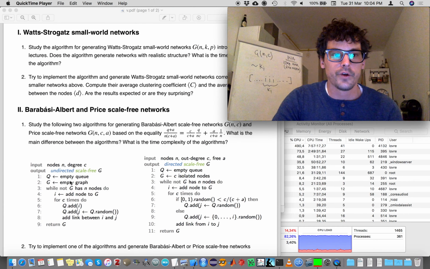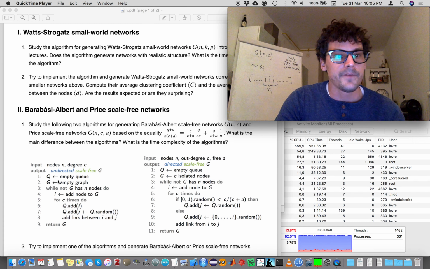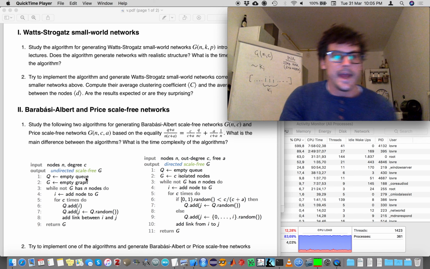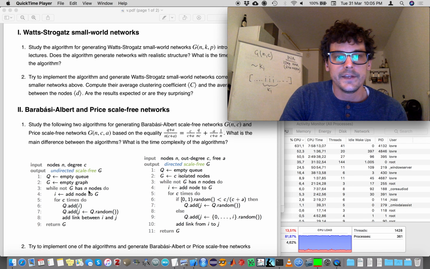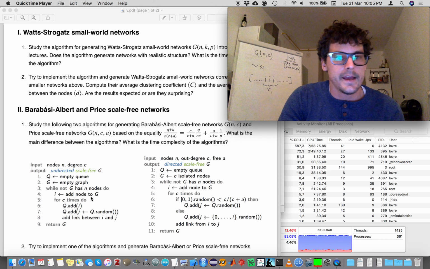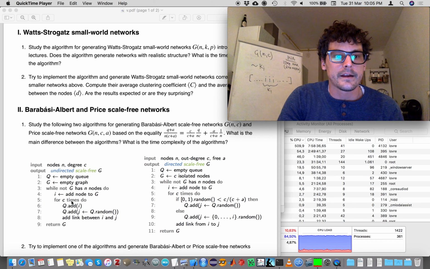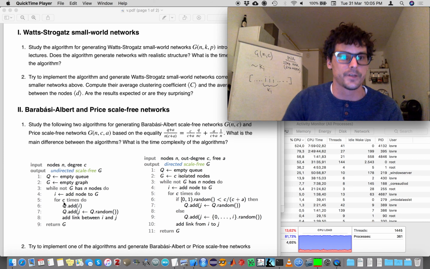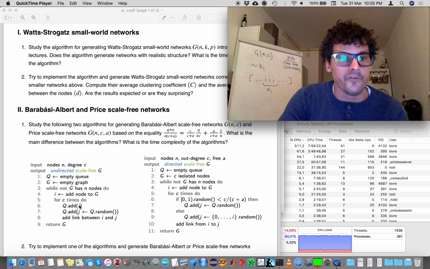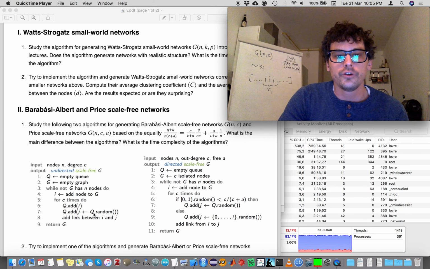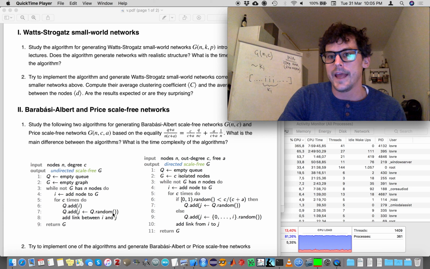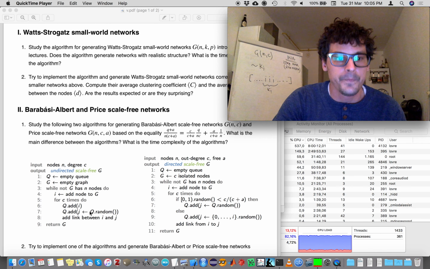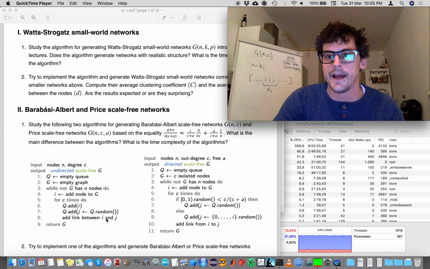So let's look at the pseudocode. First I generate an empty queue, which will be this list here, and an empty graph. Then, until my graph has n nodes, I add a new node and create links to the existing nodes. For each link, I simply randomly sample the second endpoint out of this list, which is denoted by Q, and create a link between nodes i and j.